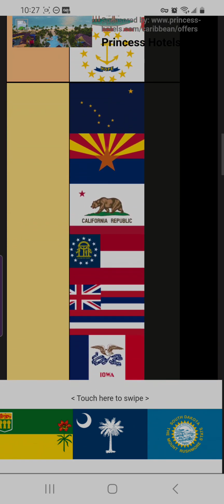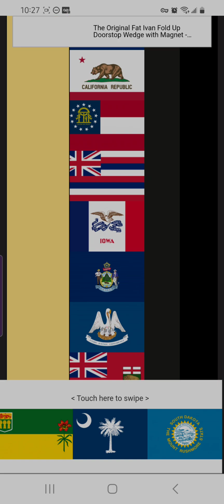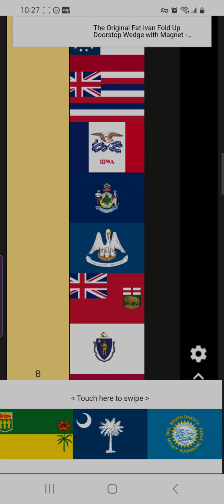On to Saskatchewan. This flag kind of has a green and yellow color to the flag. It's pretty unique.